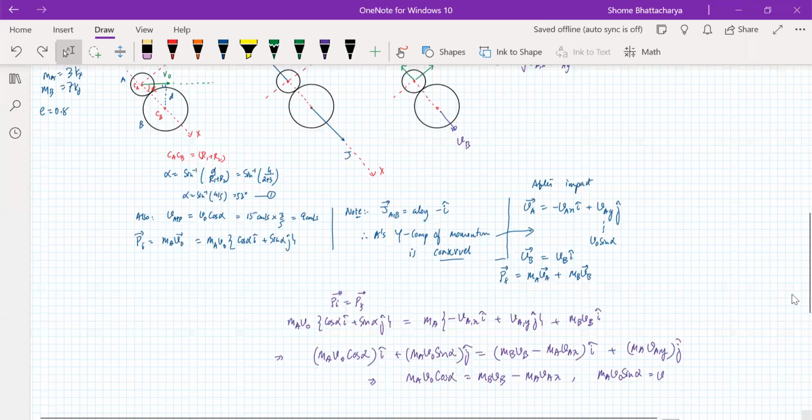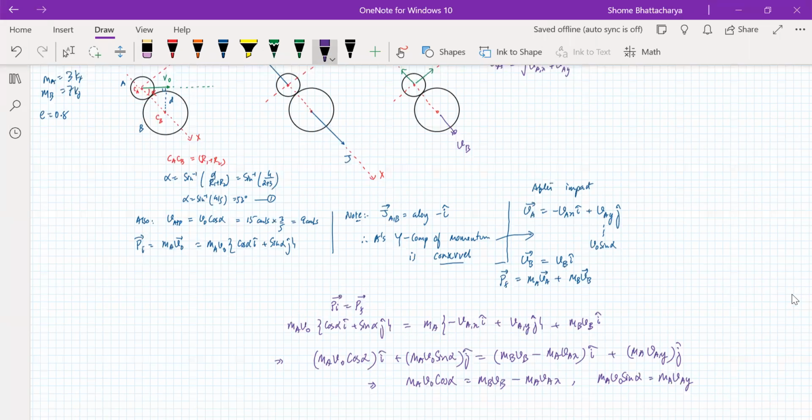These are effectively our two momentum conservation component equations.